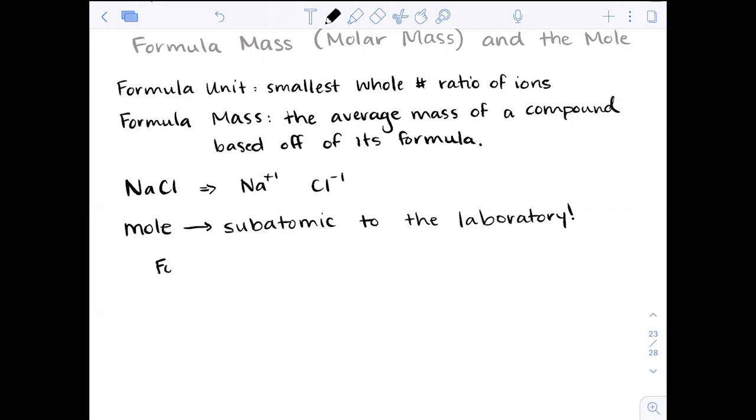So the formula mass of something like NaCl is going to be the sum of its elements.